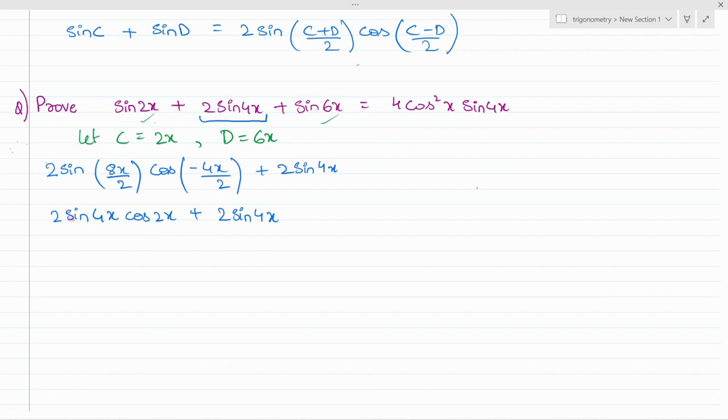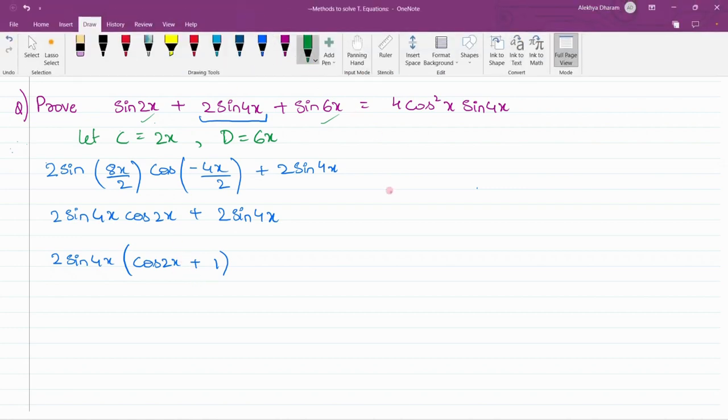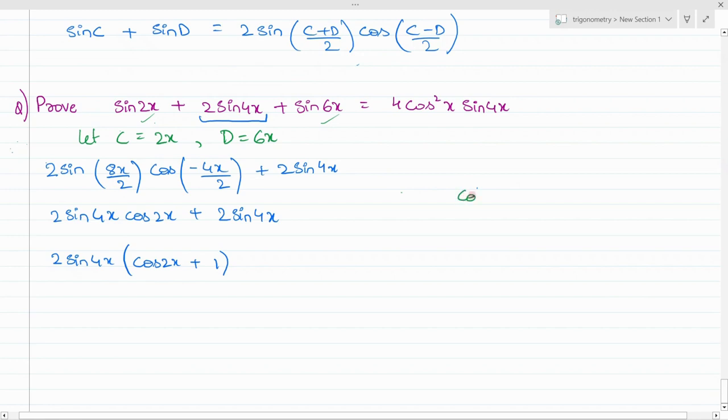From these two terms, you can take 2 sine 4x common. So it becomes 2 sine 4x and the leftover part is cos 2x plus 1. If you remember, the basic formula for cos 2x is 2 cos square x minus 1.